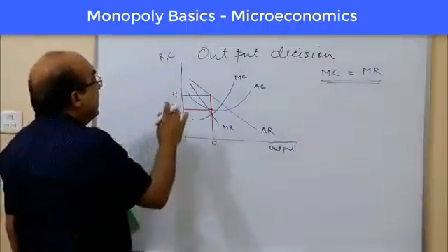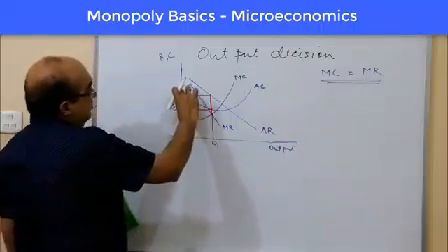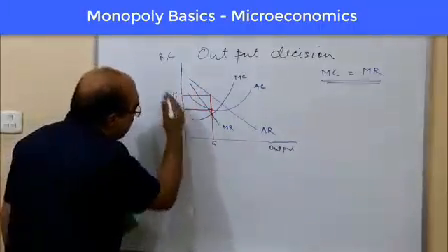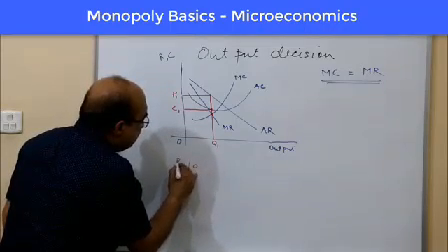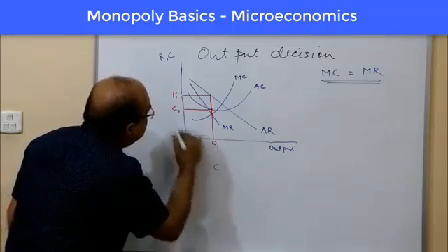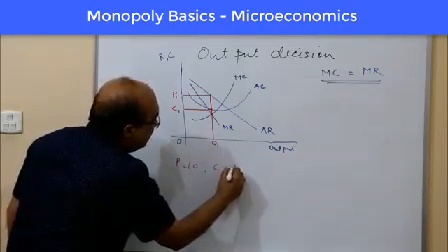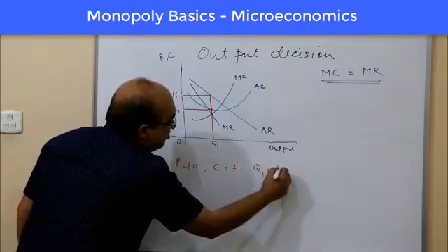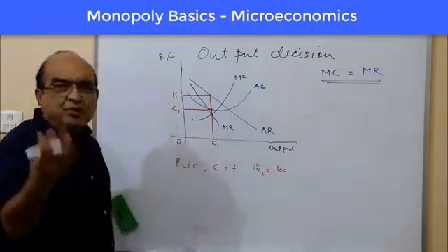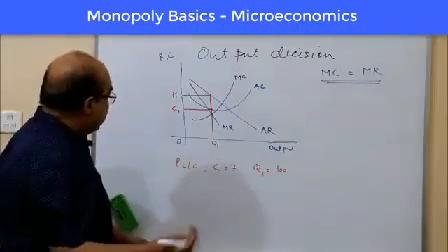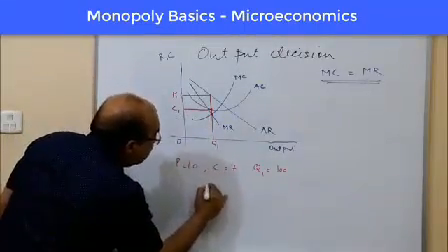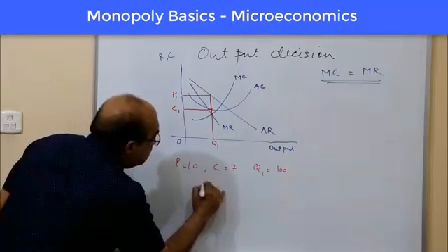Suppose the price P is 10, and C is 7, and Q1 is 100. This is just a hypothetical statement. That means 10 minus 7 will be the profit per unit.